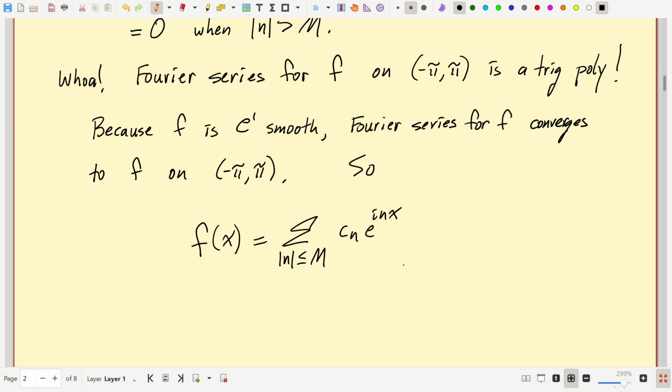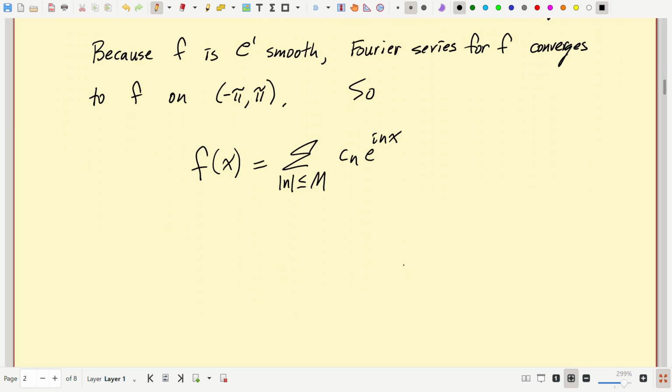Here's the picture. So let's see. Let's take minus pi to plus pi. My f has compact support in that interval. That's what I'm assuming. So the graph of f, and it's C1 smooth, so it's differentiable.